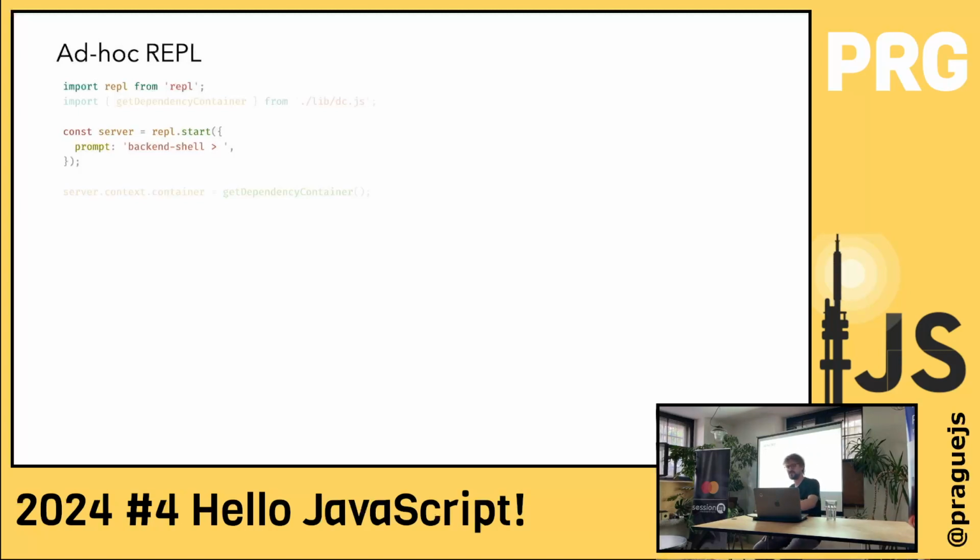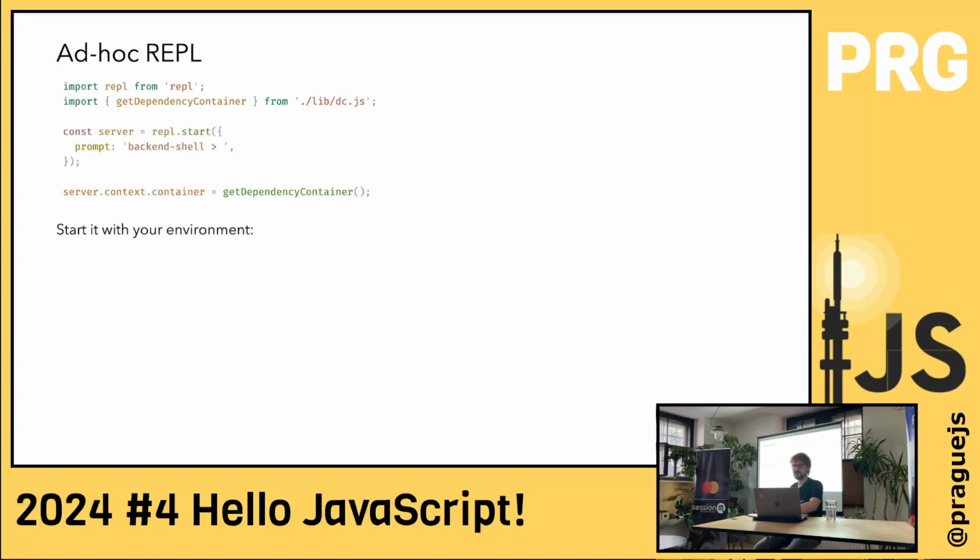What makes it your own is that you can pass anything to the context you are working with. So this container variable, then you have access to it in the CLI. Also, you can do all kinds of initialization and stuff like that.